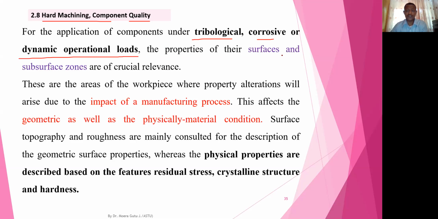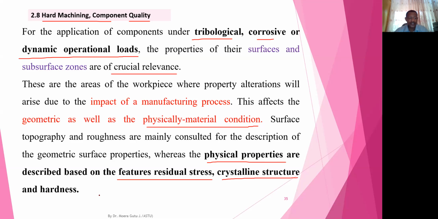The properties of their surfaces and subsurface zones are of crucial relevance. These are the areas of the workpiece where property alterations will arise due to the impact of the manufacturing process. This affects the geometric as well as the physical material conditions. The surface topography and roughness are mainly consulted for the description of the geometric surface properties, whereas the physical properties are described based on the residual stresses, crystalline structures, and the hardness.